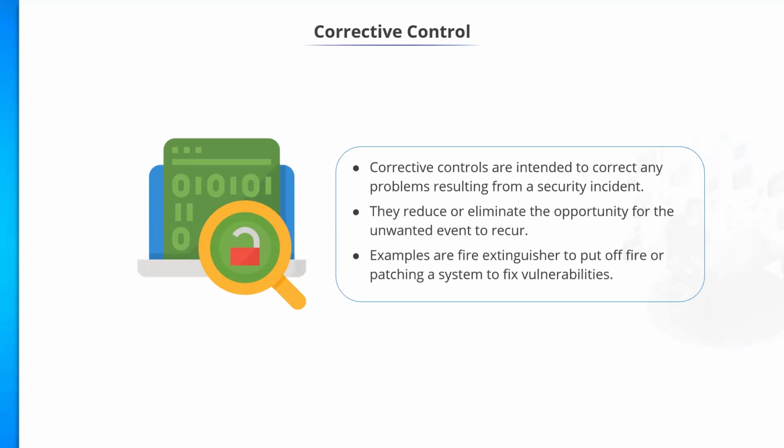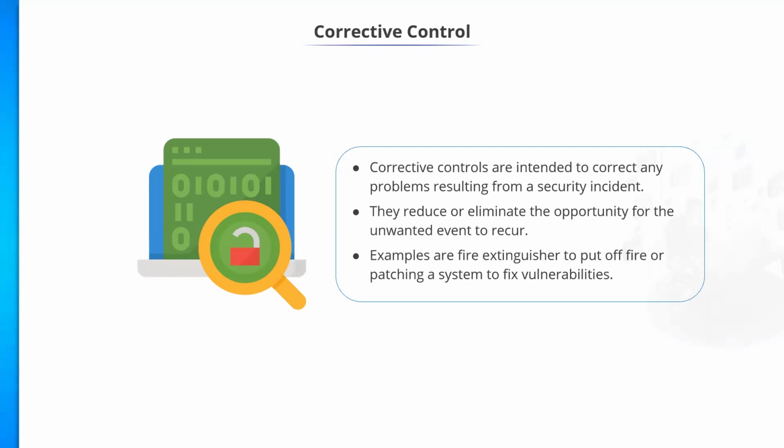For example, if a fire is detected, it's an incident, and you use fire extinguishers to douse the fire. That is a corrective control. Another example: a security vulnerability is detected and you patch your system to fix that vulnerability.